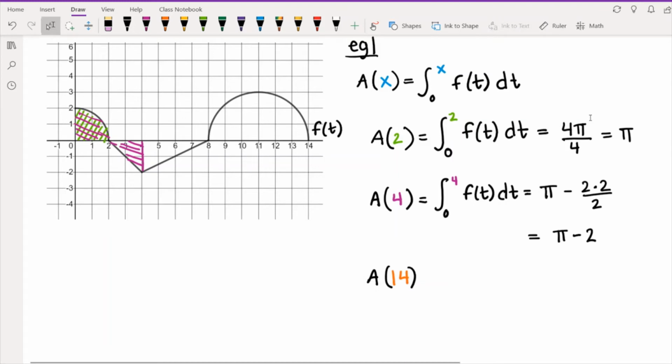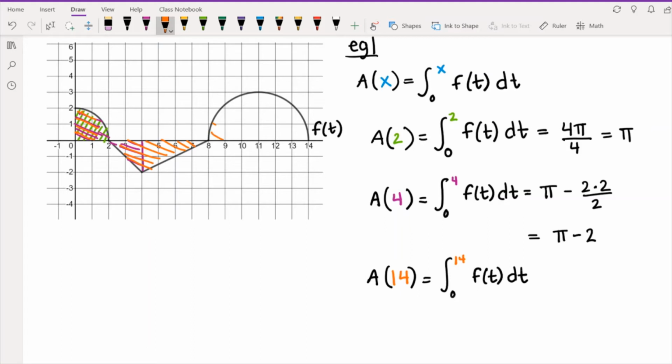All right, last one would be now the integral from 0 to 14, because now we're plugging in 14 as that upper bound. So now we're going to be adding up, again, this initial quarter circle. Then from that, we're going to be subtracting this triangle.